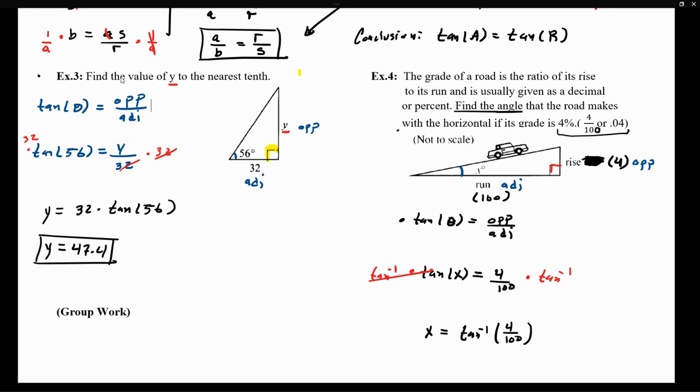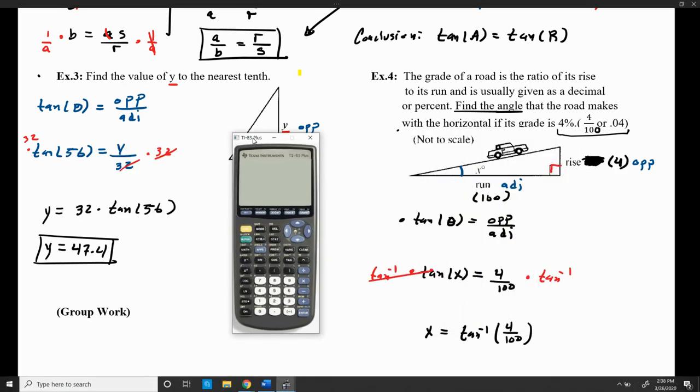This is an inverse function, and the output of an inverse function will always give you a degree. And what exactly is this degree? Well, we're going to go on a graphing calculator and notice that right here on top of tangent, we have in yellow, tangent with a little -1 on it, which is the function that we want to find. So we're going to press second tangent, and now notice that we have the inverse function.